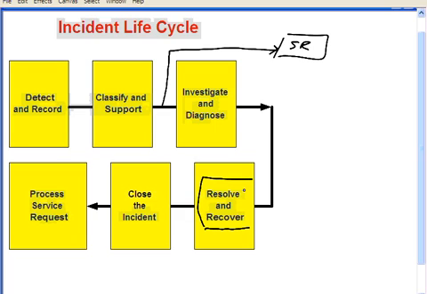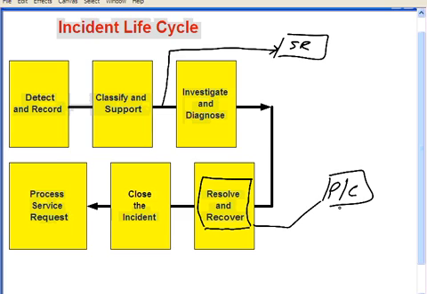There must be some type of resolution to the incident, even if the resolution is to move it over into the problem and change management area of IT services to implement some type of infrastructure change, where resources have to be allocated and systems replaced or updated. So there has to be some type of resolution here.